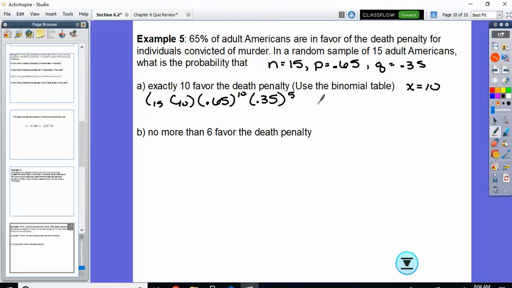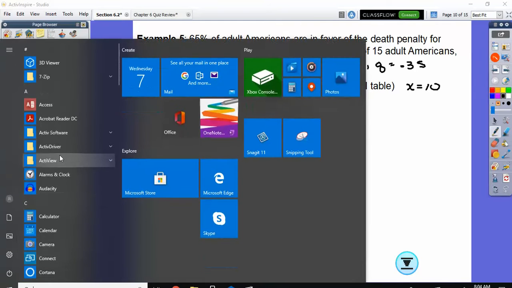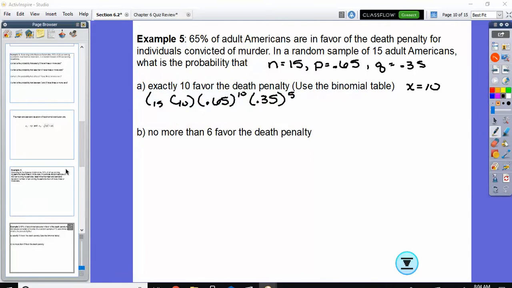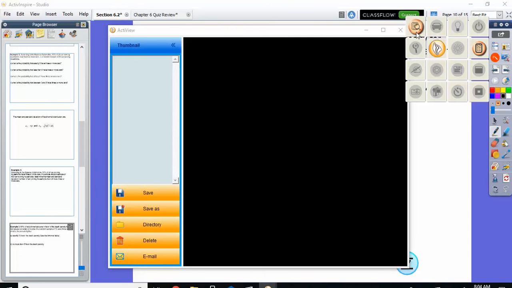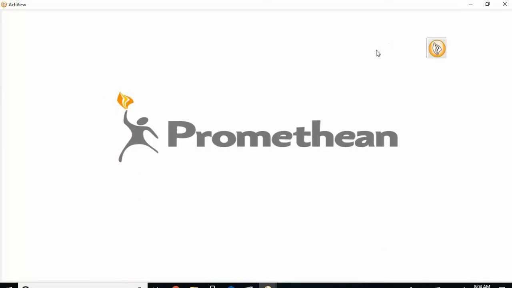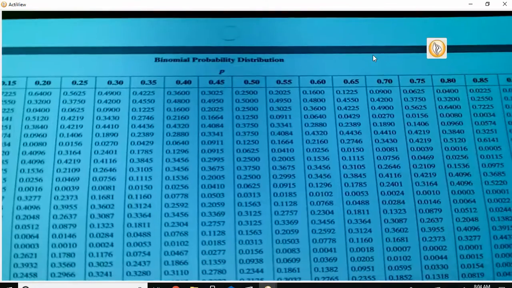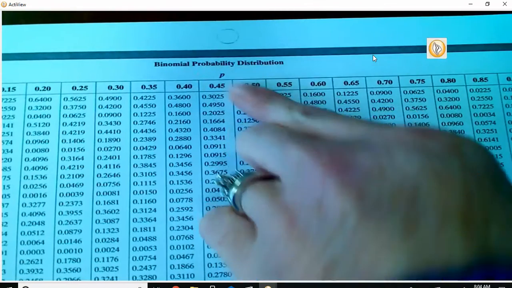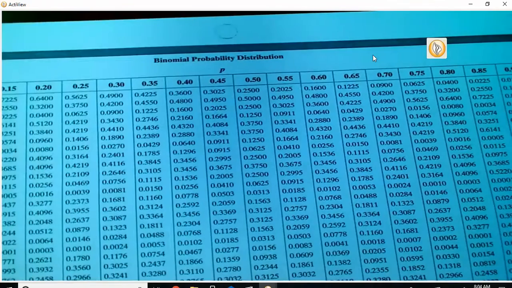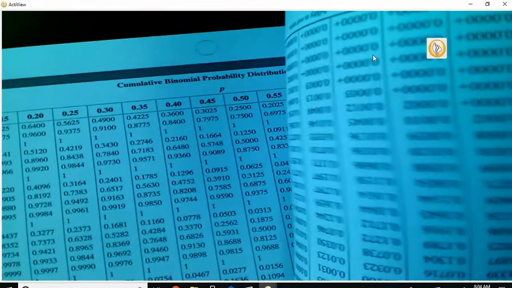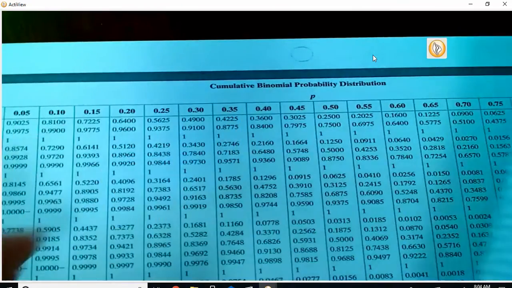And that's not a difficult thing to do by hand, but we've also talked about how we have this table. So let's make sure we can read this from our table as well. Okay, this packet that I gave you Friday, there are actually two tables here. The first two pages are the binomial probability, and the second two, this is your table 4, is the cumulative binomial.